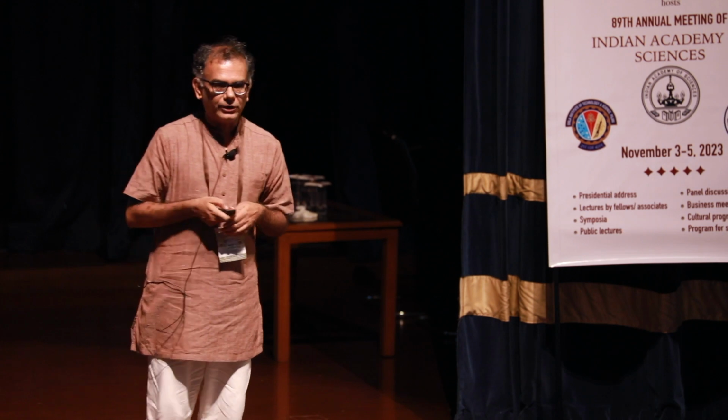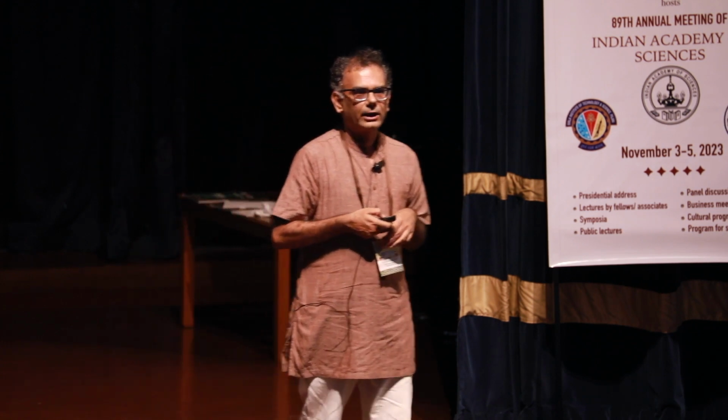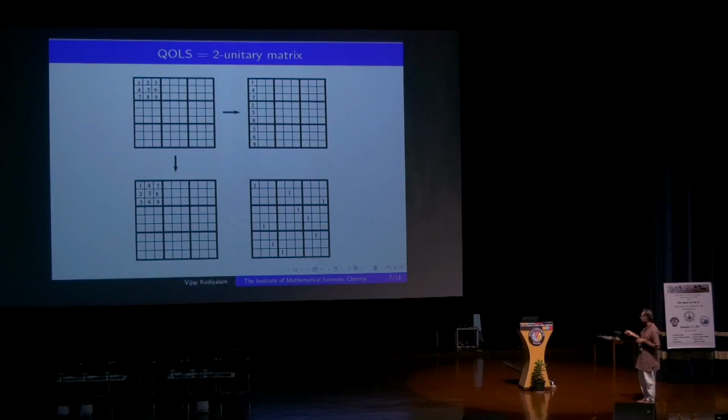You'll still get permutation matrices, and they are also unitary. So this is a 2-unitary matrix, and the reason these permutation 2-unitaries are important is they correspond with orthogonal Latin squares of size 3, right? It's a 9 by 9 matrix, but it corresponds to a pair of orthogonal Latin squares of size 3.